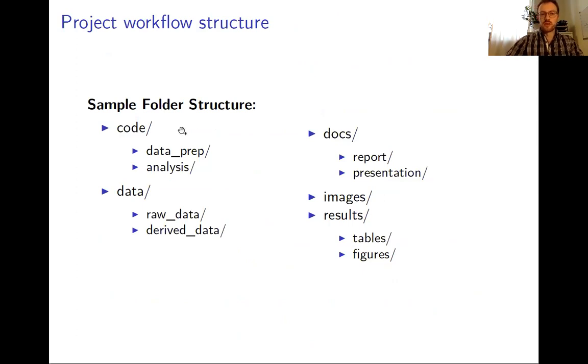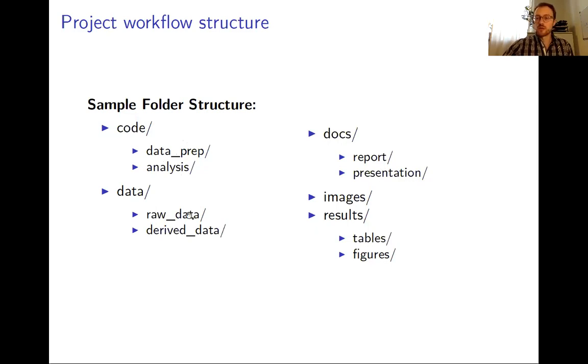Here's an example of how you might want to structure your folders. You might want to have a subfolder for code. Within it, you will have, for example, a subfolder for all the files that help prepare your data, and one where you actually analyze the data. Then you have a data subfolder where you have the raw data and all the data sets that are created from the raw data. And then you will, for example, have a documents folder with reports, presentations, and images and figures also separately.